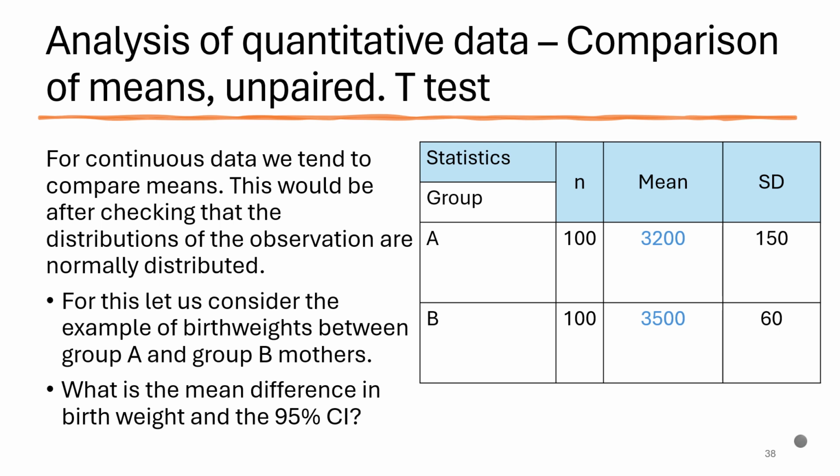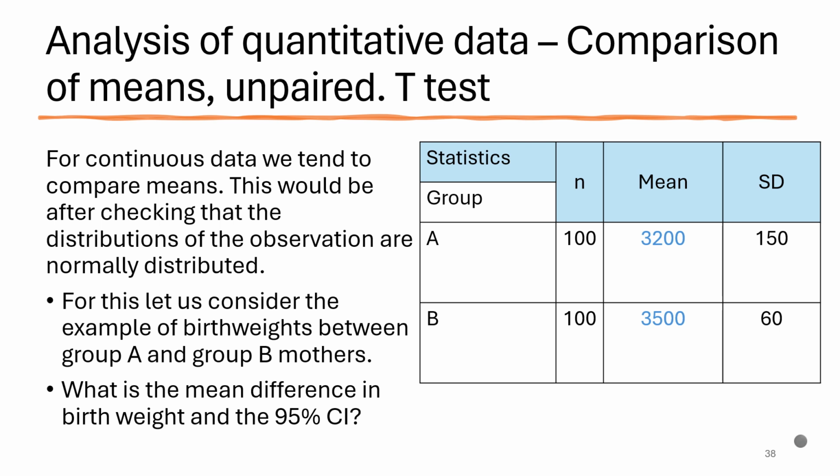So for continuous data, we tend to compare means. We could compare medians. However, the gold standard when it comes to inferential statistics is to compare means, right? This would be after checking that the distribution of the observations is normally distributed, right? So this is something, at least for this level, that is acceptable.